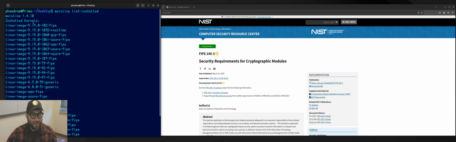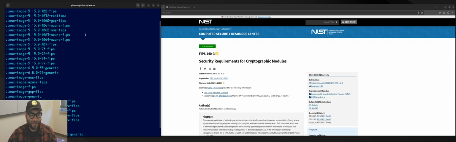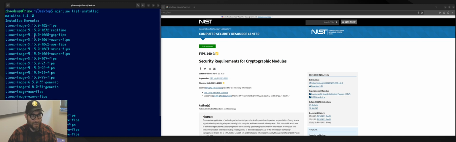So when you look at these here, each one of these is a different kernel, a different engine, all installed in the car that is my computer. You'll see that a lot of them say 5.15.0, because that is the version of that kernel that has been made to be FIPS, the Federal Information Processing Standards, compliant.